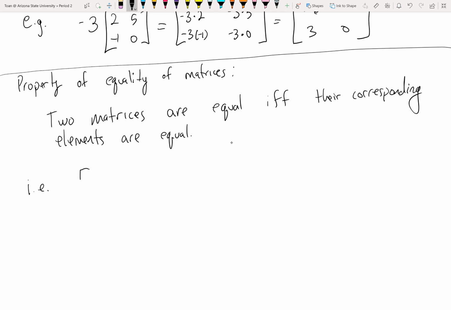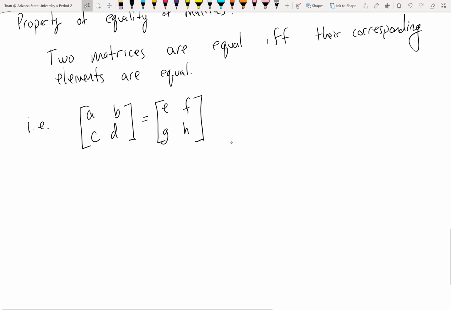What that means is, if I claim matrix A, B, C, D is equal to matrix E, F, G, H, the only way that that's possible is if A equals E, B equals F, C equals G, and D equals H. Top left equals top left, top right equals top right, so on and so forth.